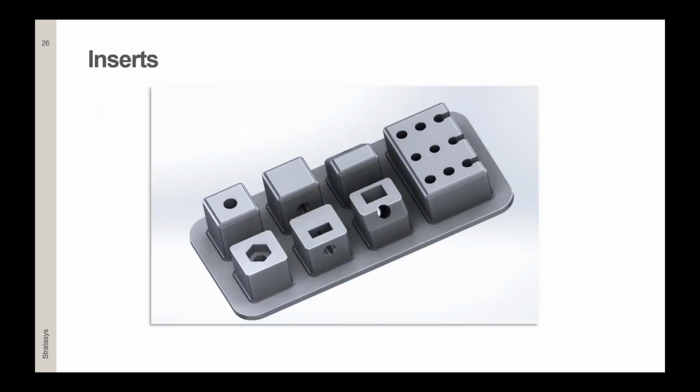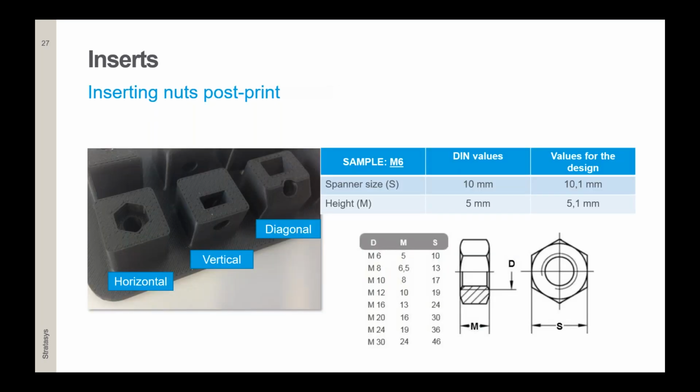So as a next part of this webinar, we have inserts, and this is where we can combine printing and off-the-shelf inserts to use them if we need to tightly assemble our design later. For example, we can design an open slot to insert a nut after the printing, as you see in the picture on the left.